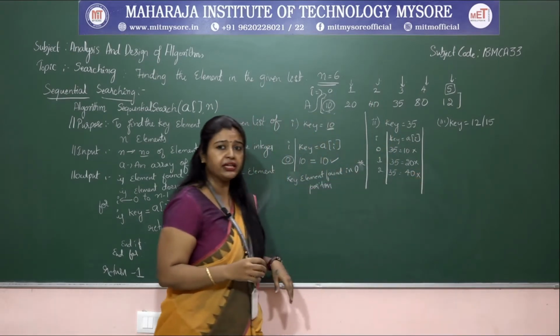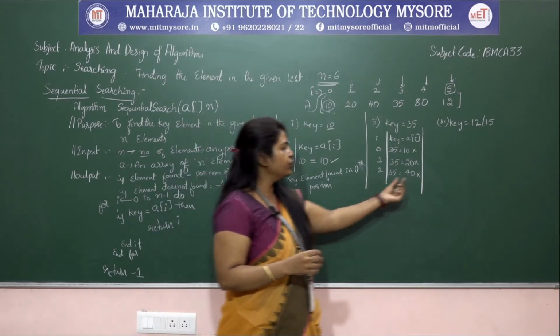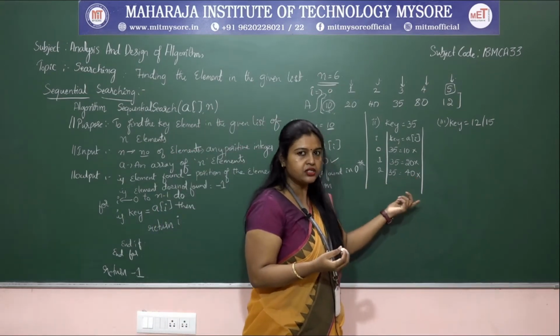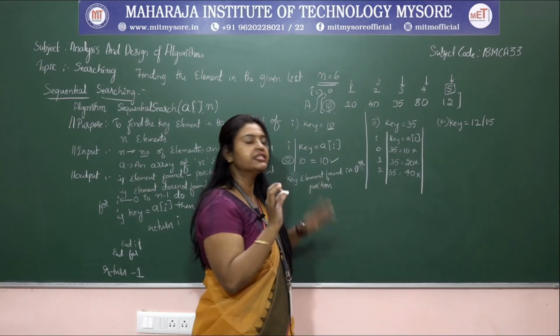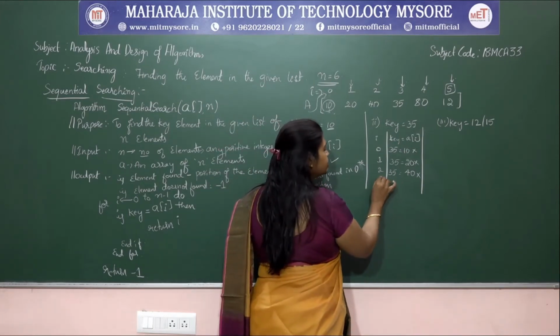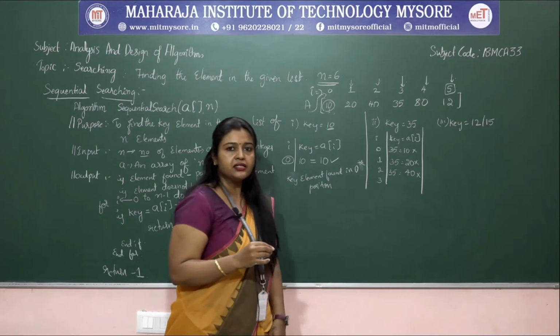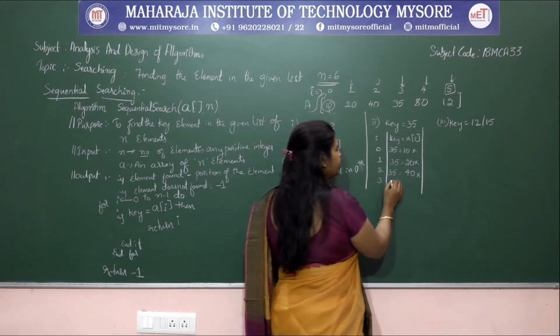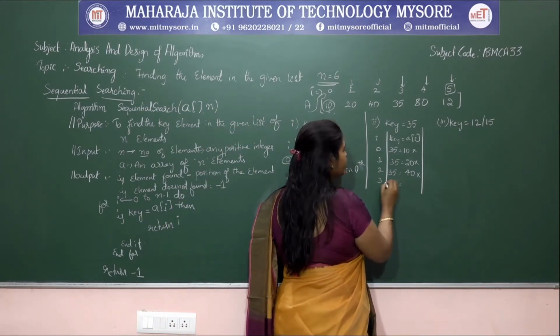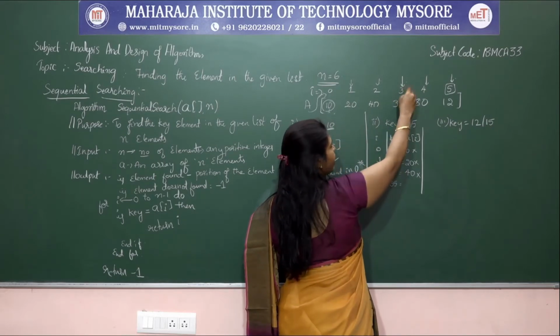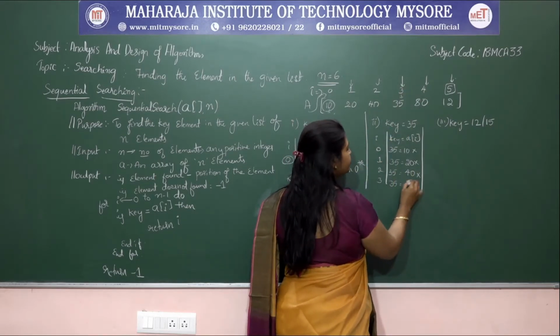Again the condition fails. It is false. I gets incremented. I is 3, right? Now again your key element is compared with the third position. In the third position we have 35.